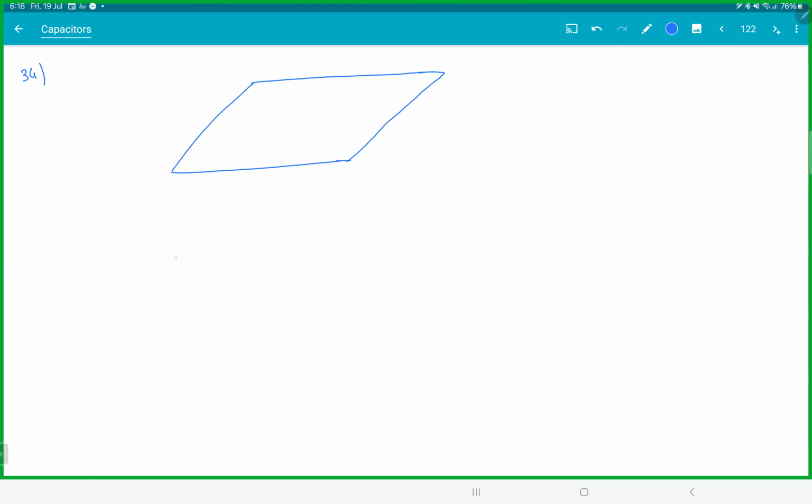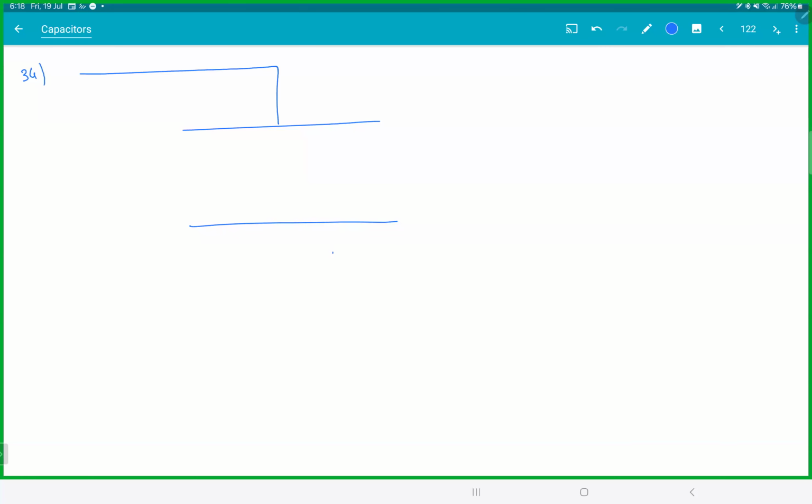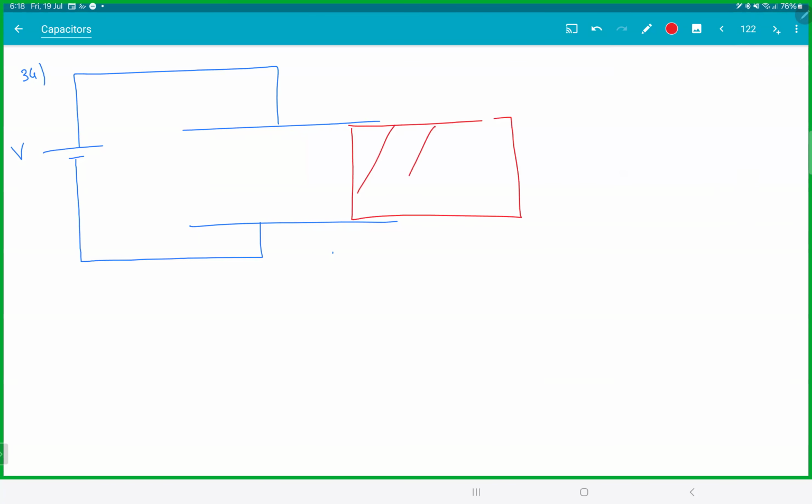So we have a square plate here. I hate drawing the square plates. Okay, let this be a plate here. We have a battery V here. You are introducing a dielectric slab. So this has gone x inside.